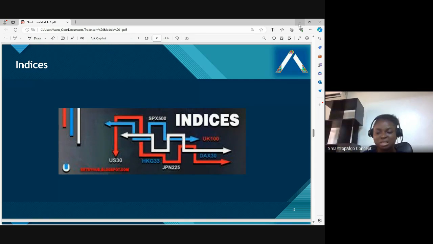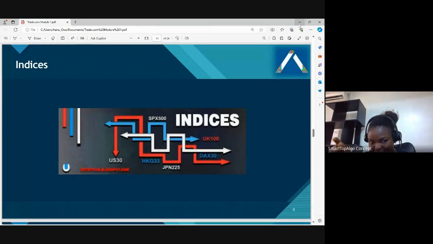Now, what do I mean by this? Let me use US 30 as an example. What is the meaning of US 30? Now, US 30 is the top 30 companies in US. So if I decide to trade US 30, it is me investing in the aggregate of the top 30 companies in US.